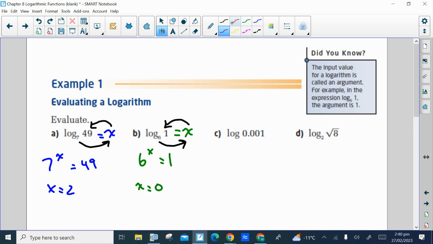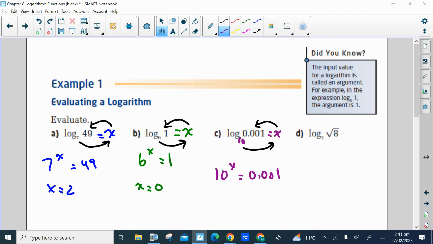If we set this equal to x, and then we convert from logarithmic to exponential, remember, common log means base 10. The base of the log will be the same number for the base of the exponential, which will be the number 10. To get what order the other pieces come in, we convert by starting with the base and cycling through. It'll be 10 to the power x equals 0.001.